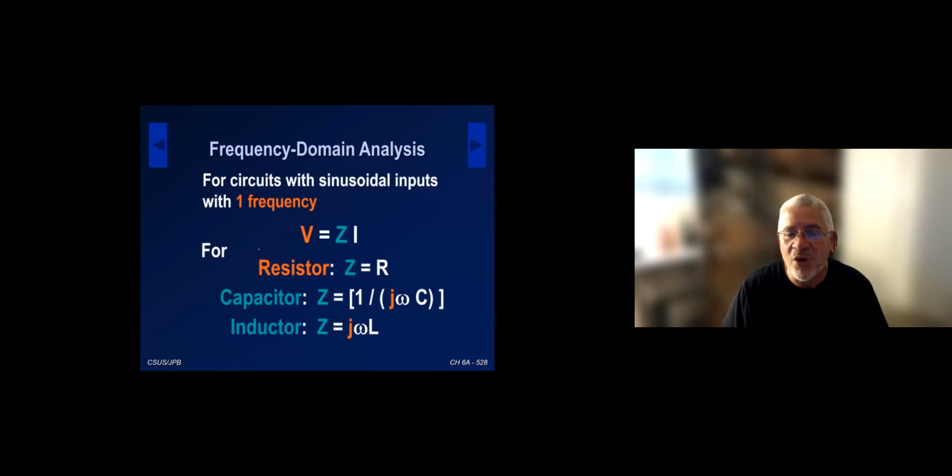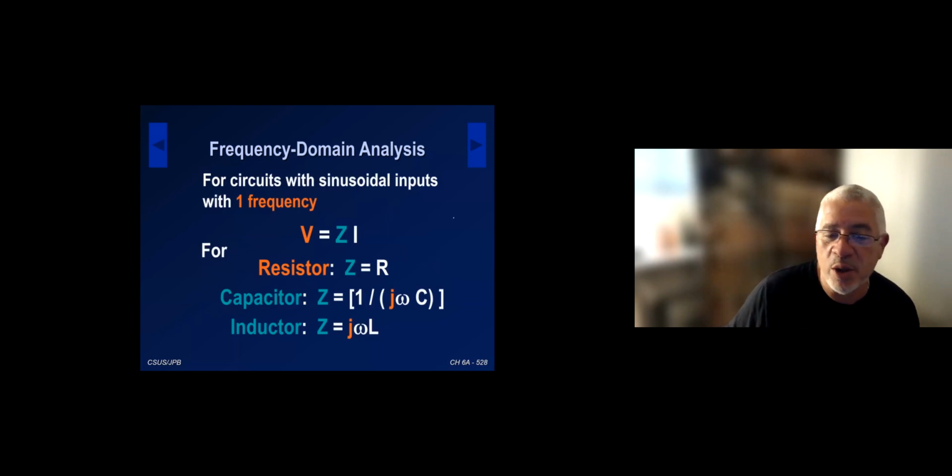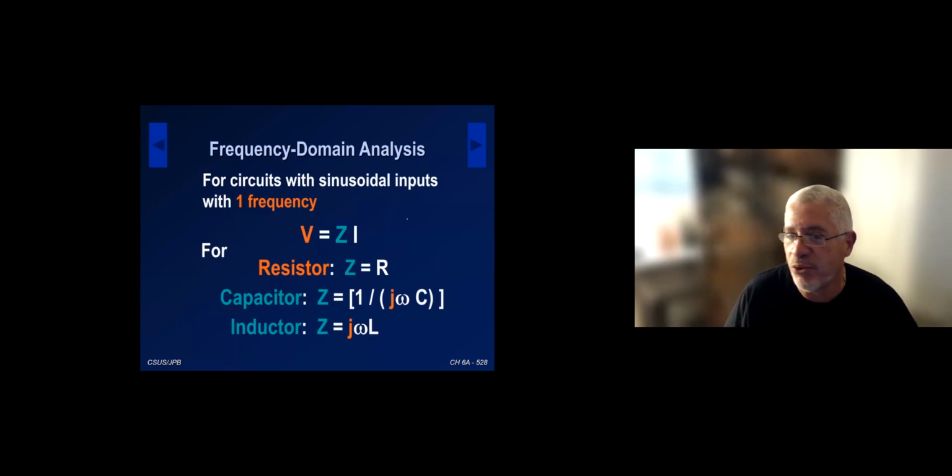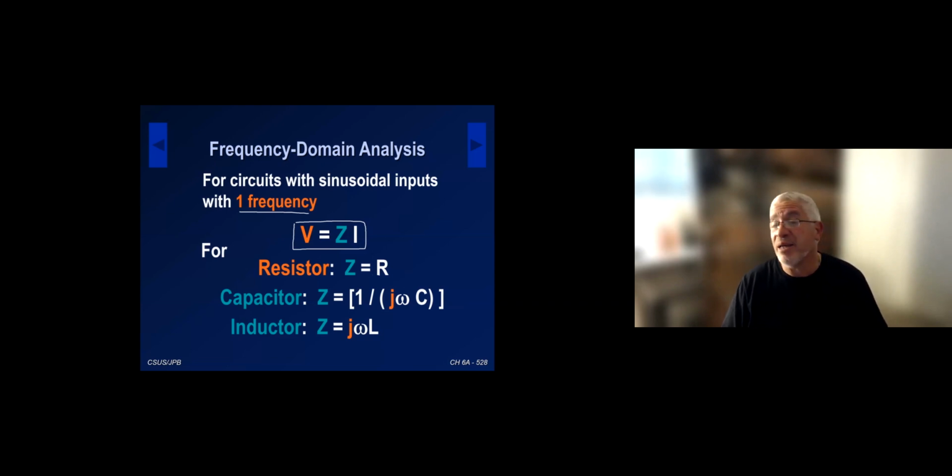Okay. So for these elements, which are the three passive elements we're concerned with, in phasor, if we convert the circuit, and convert the circuit meaning convert all the sources to phasors, and we have one frequency, that's going to be one of the requirements. Then for each element, voltage is equal to impedance times current, where for the resistor, the impedance is the resistance, just like before.